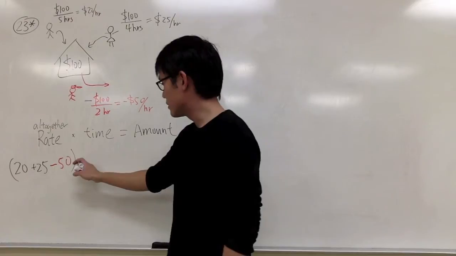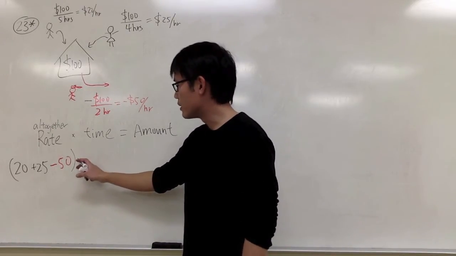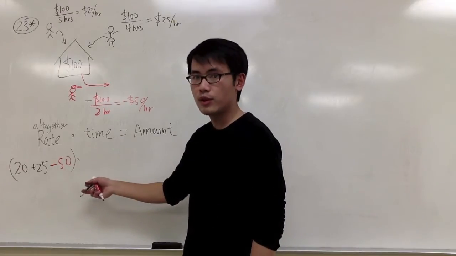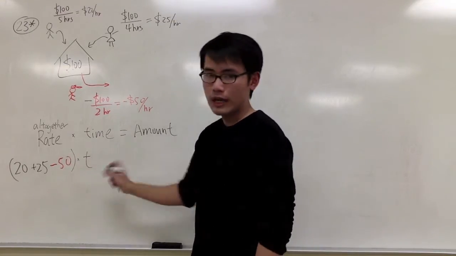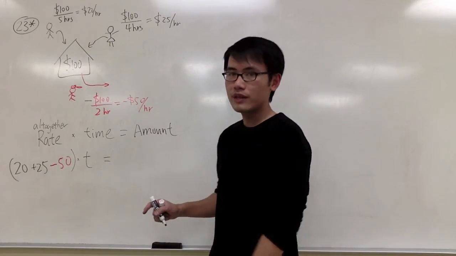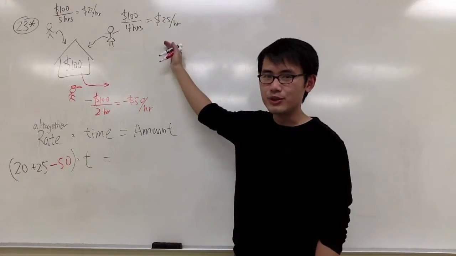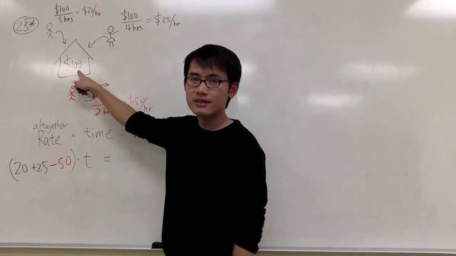Times, that's my times. This is not the x, like a variable. This is just times. How many hours? I just put t. And the amount that we are looking for is, in this situation, how long will it take for them to lose that $100?